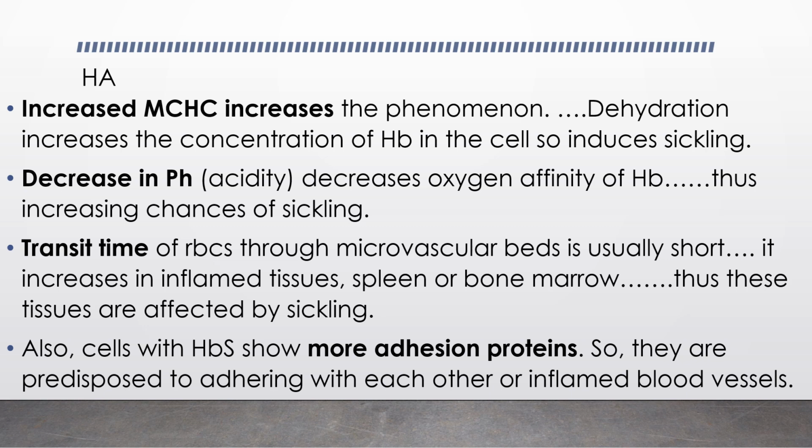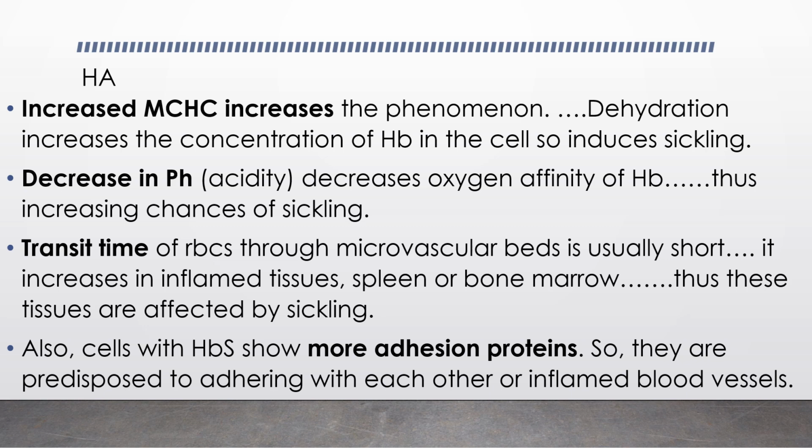So this causes again a need for more oxygenation. Oxygen is less in the cells, and they start sickling. Again, this also causes inflammation in the tissues. Spleen, bone marrow, and again due to decreased oxygenation, these organs can get damaged.